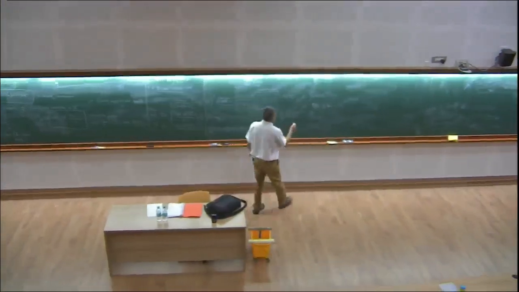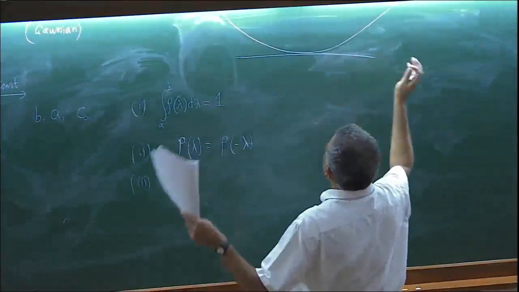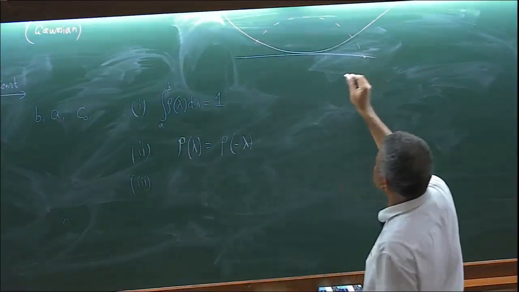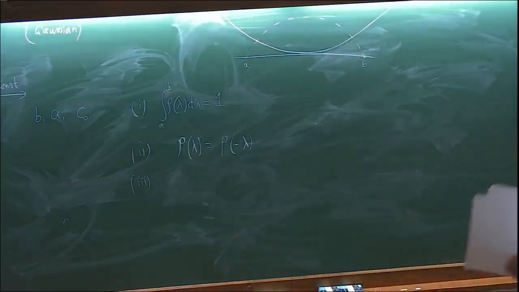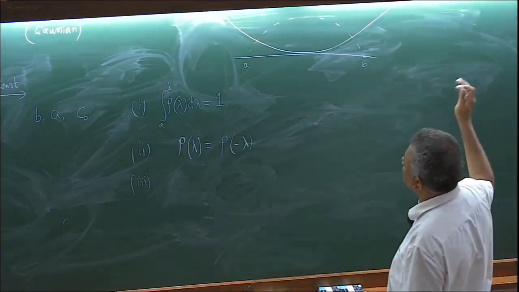And the third condition is that you don't expect, this is the potential like that, and they're repelling. So you'd expect the charge density to be something like that. It should vanish beyond a certain distance, right? It cannot diverge at A and B because your potential is like this, so the density has to stop. It cannot go very far, right?